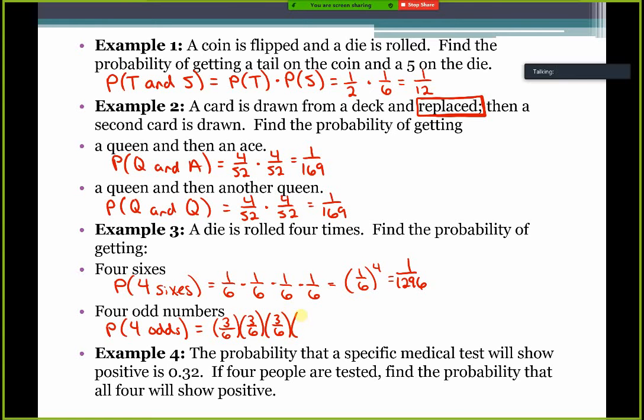If you went ahead and just simplified that down to a half, that's okay. Again, I'm showing it as 3 out of 6, so we see that probability. And again, if you want to, you can use that exponent if you'd like.